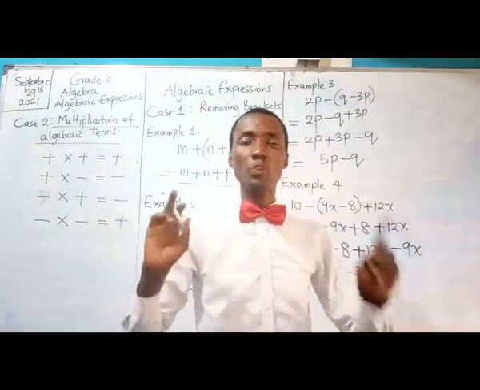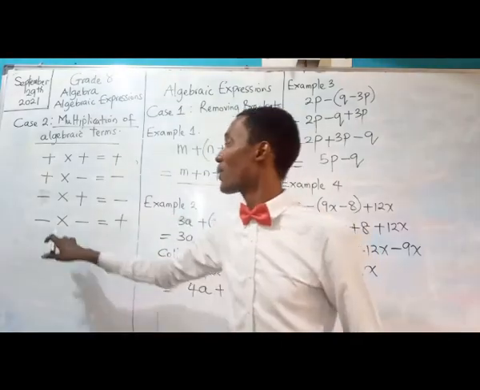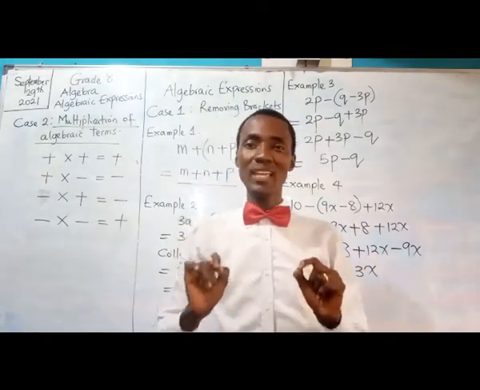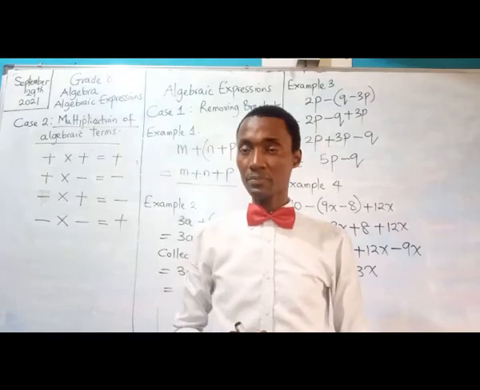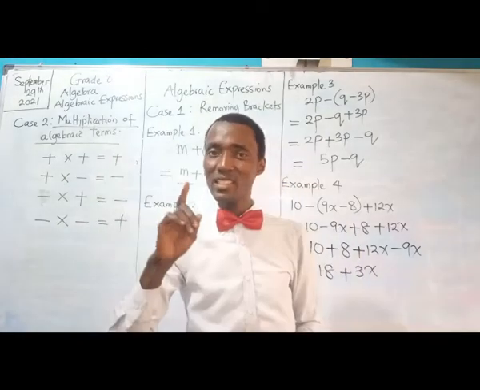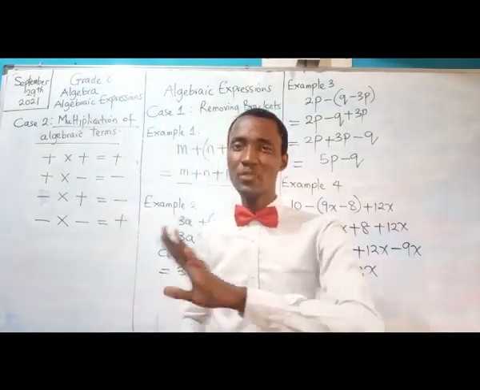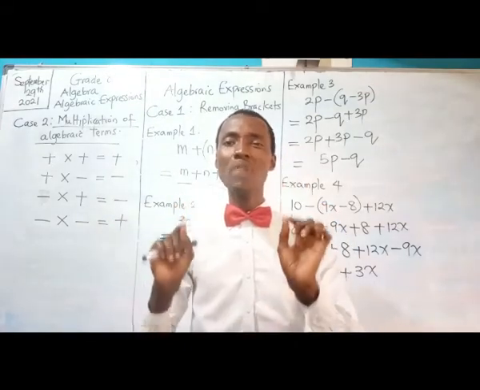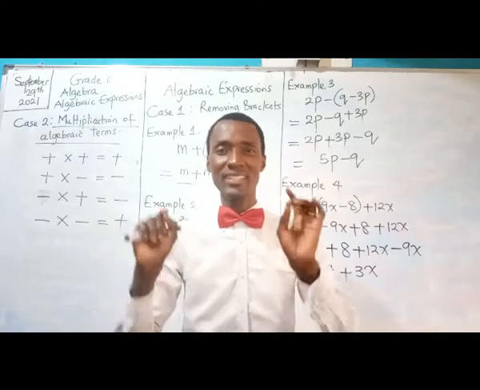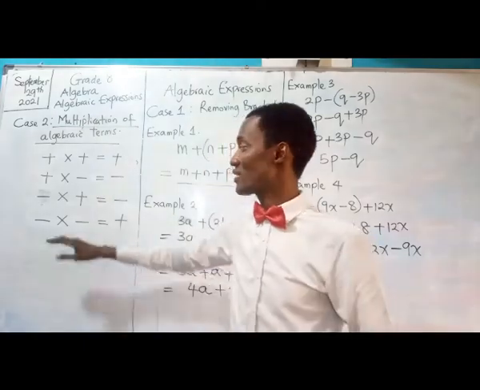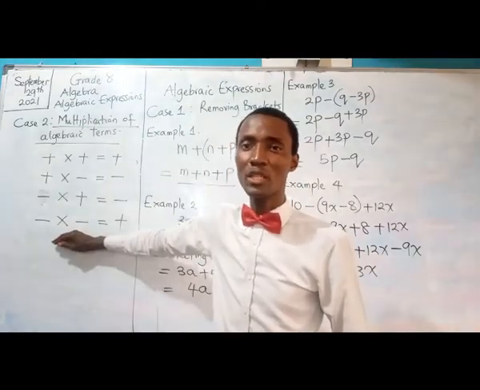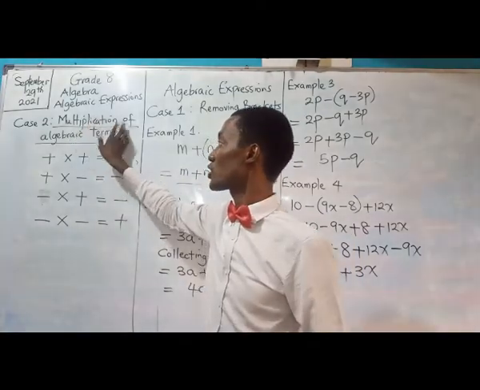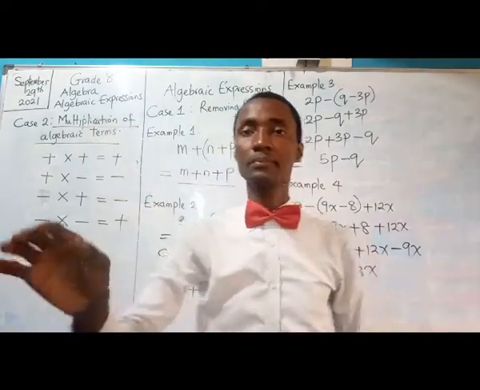Once you multiply two positives or you multiply two negatives, you must get a positive. If you multiply a negative and a positive in however order you've placed them, your answer must be negative. So this is the basic idea we're going to be using to handle multiplication of algebraic terms.